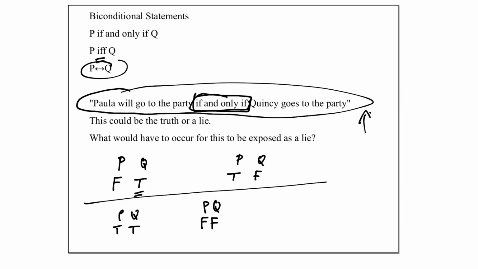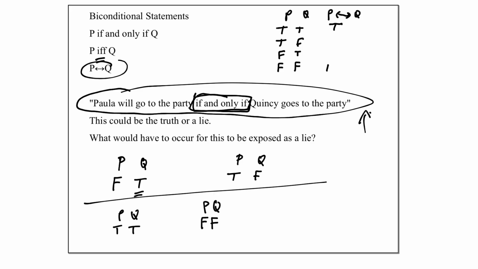And that is why the truth table for P, Q, P if and only if Q is this. Here's the standard 4-row truth table. If they both go to the party, if both things are true, it's true.